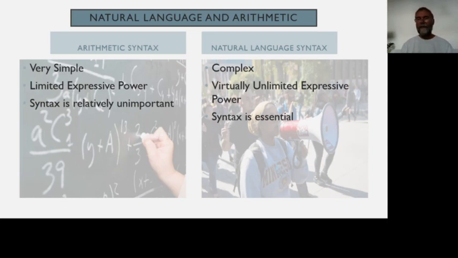This is not so, however, of their syntactic systems, and it's on their syntax that we can see that different languages are actually defined. So it's the syntax which plays an essential part in defining what natural languages are. So in that case, we can see a rather big difference between formal language syntax and natural language syntax.